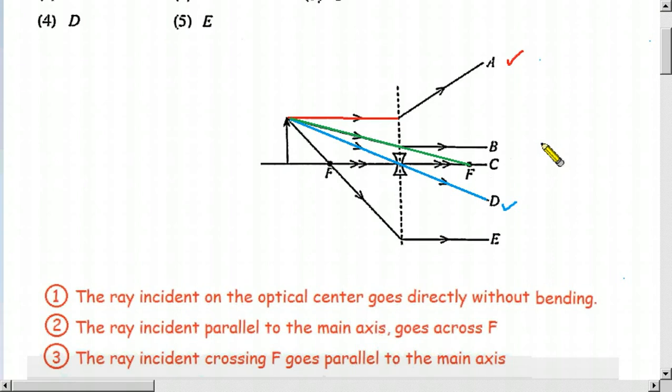So for the ray incident across F to go parallel to the main axis, we have to choose this focal point. It is coming towards F and leaving parallel to the main axis. So this one is correct.